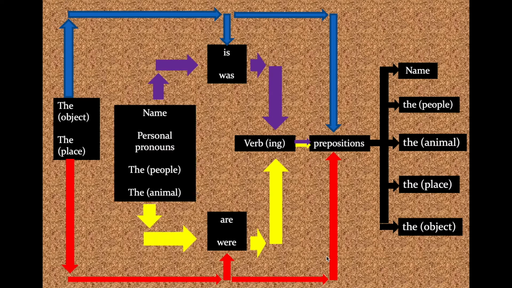Here are some words given such as name, personal pronouns, the people and the animal, followed by a name. But remember to add s, es or ies to the plural subject.